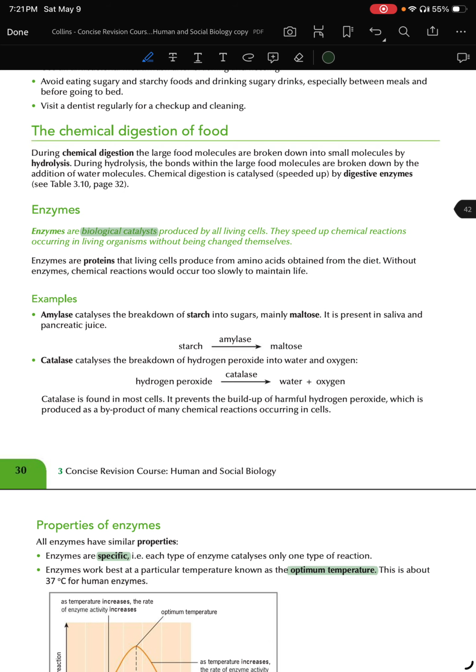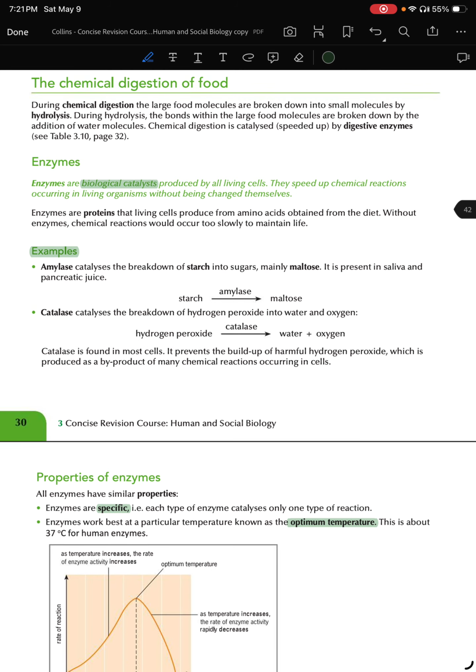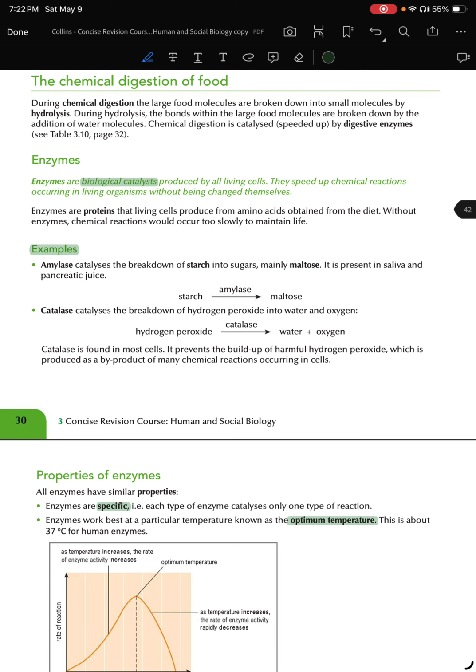Now, when we look at examples of enzymes, we see here starch is converted to maltose by amylase, and one that I also want you to pay attention to that is not in the digestive system, but is in all of our living cells, any cell that carries out metabolic reactions, especially highly active cells like liver cells.